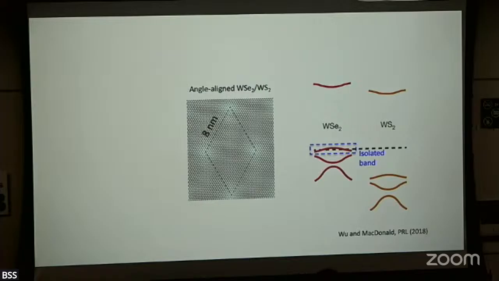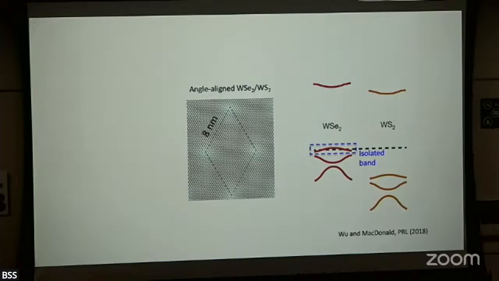And what's important here, if I put in a little bit of hole doping, those are the important bands. And you can see those bands are pretty much isolated from the rest. So if I look at the single topmost valence band, it's isolated from the rest. This, of course, is an approximation.